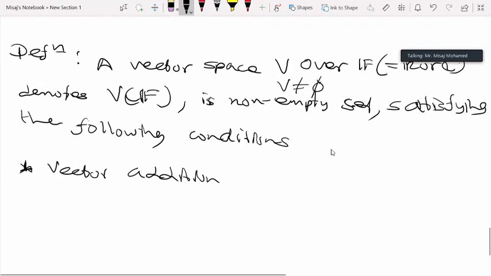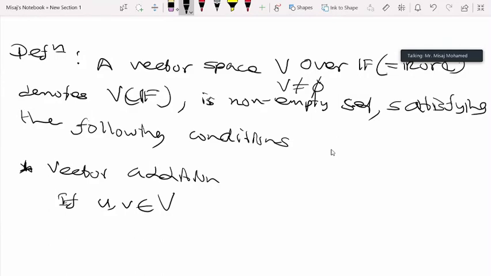Vector addition. If U comma V are elements of V, what are the U and V? U and V are vectors we are taking from the set V, right?